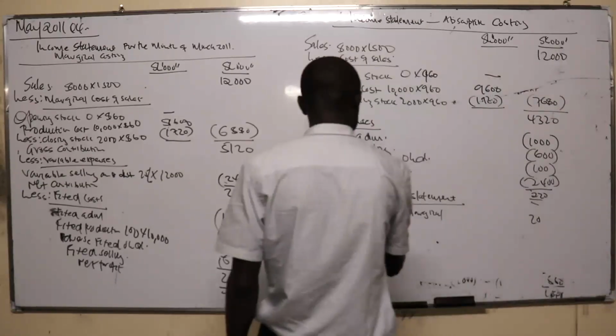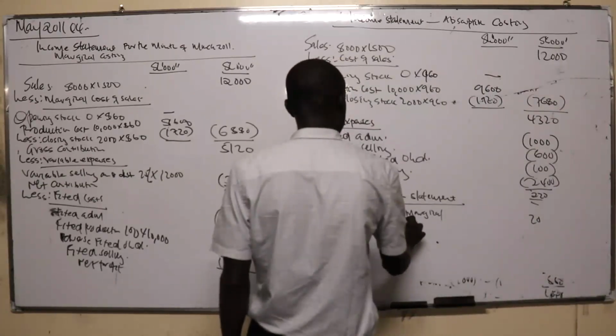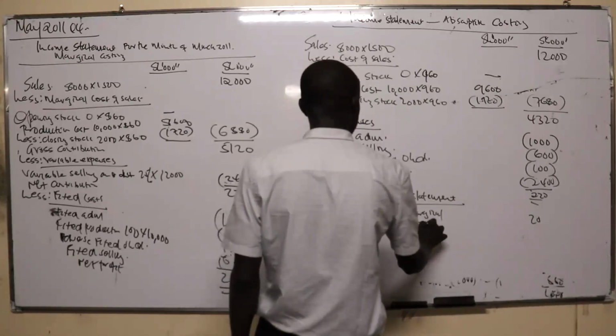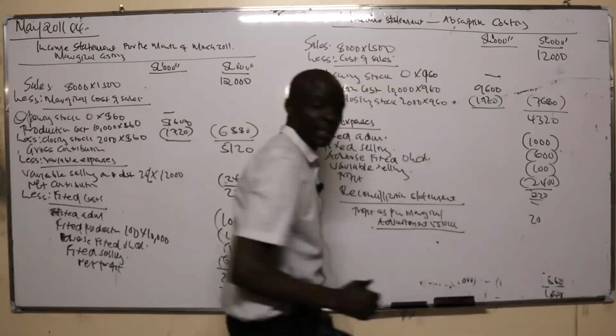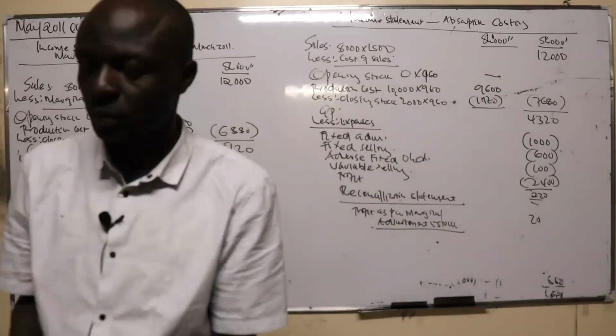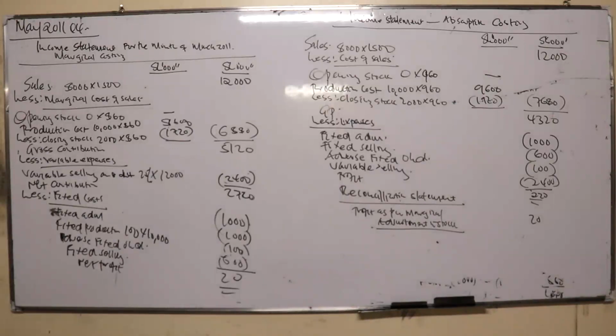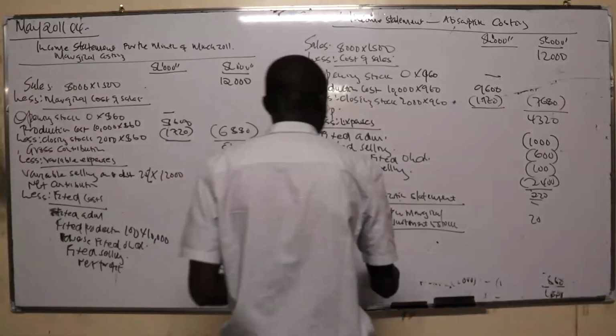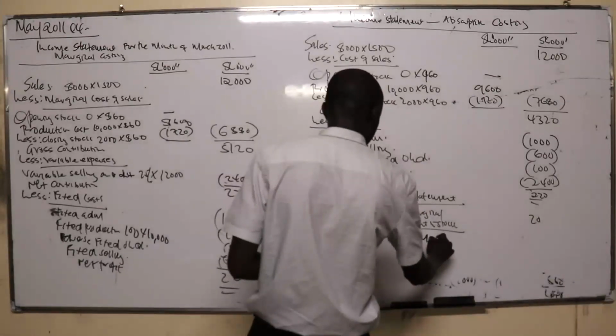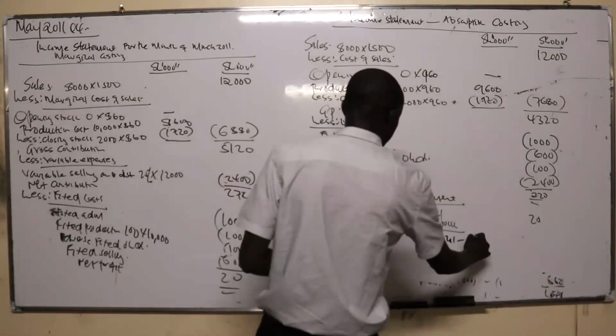Then adjustments in stocks. So you start here with the opening stock. So here marginal minus absorption.